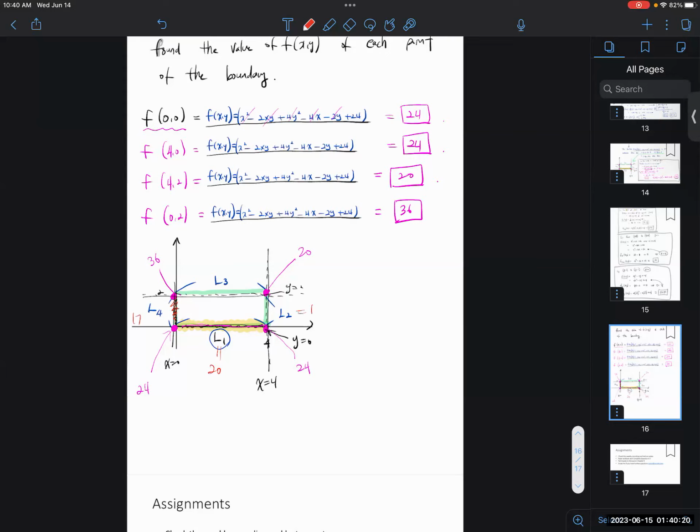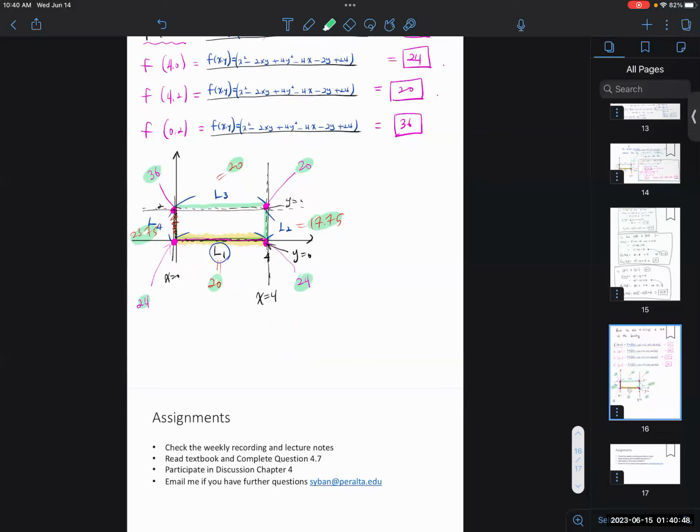Oh, L2 is here, 17.75. L3, what did you get? We got 20. L4, we got 23.75. So out of these numbers, we have 36, 20, 20, 17.75. We evaluate all the possible outcomes of each boundary and each corner.